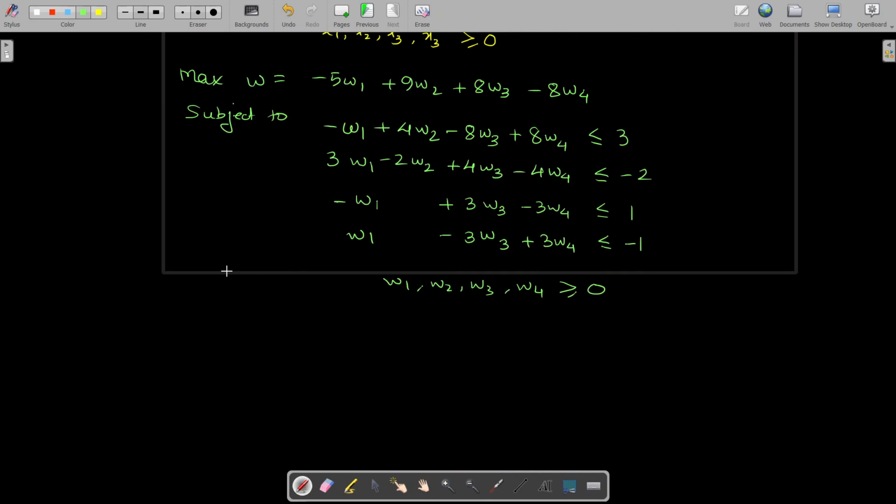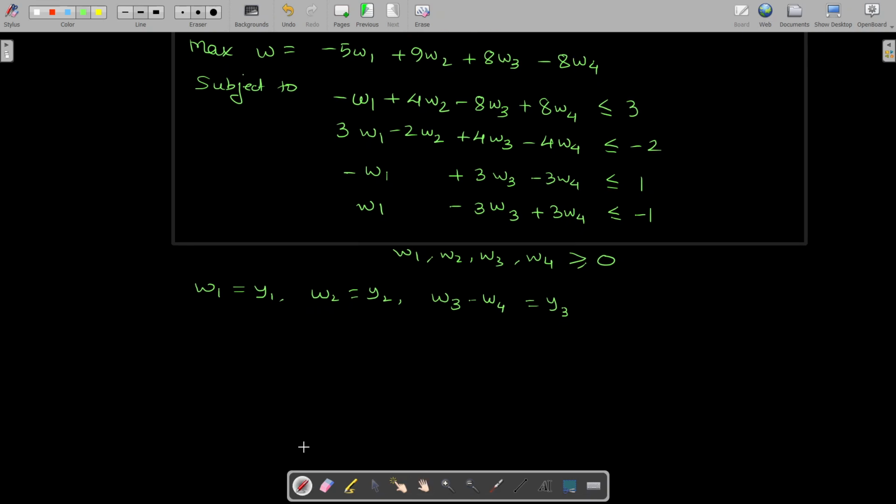So now let's consider w1 equal to y1, w2 equal to y2, and w3 minus w4 to be y3.